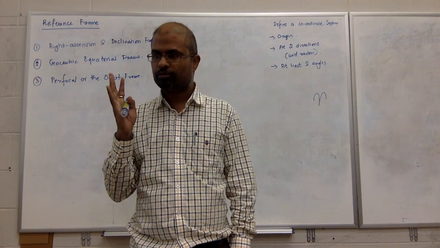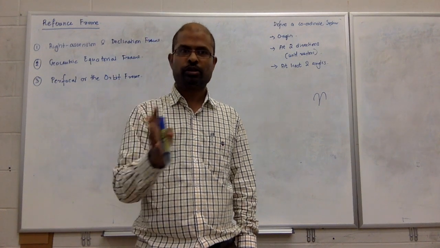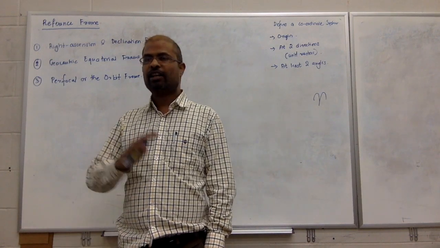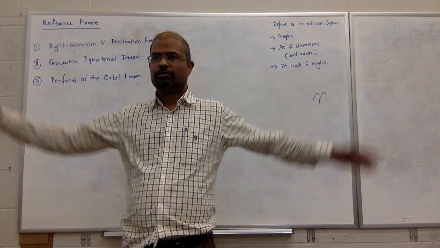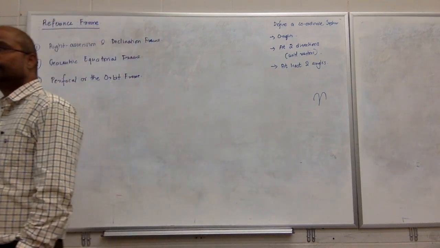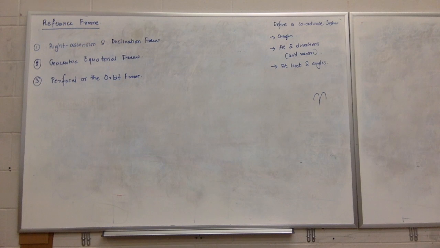So you go from all distances, to one angle and two distances, to two angles and one distance. You get it? Angle cannot define distance, and distance cannot define angle. So that's the reason the two angles are right ascension and declination. And then you go the distance from the center, which is the altitude.